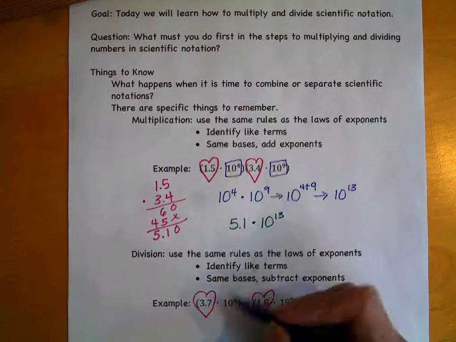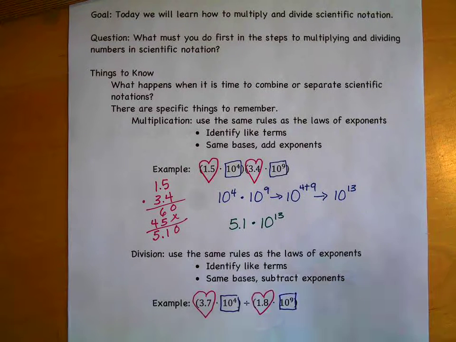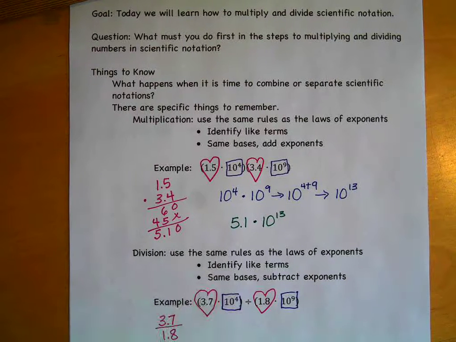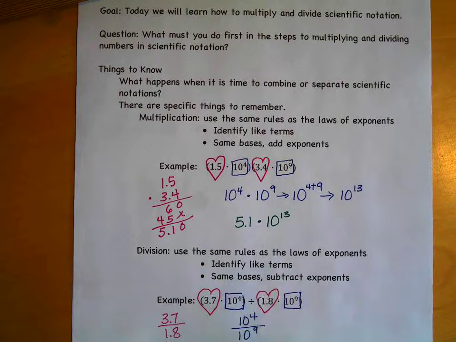And our powers that are like terms are 10 to the fourth power and 10 to the ninth power. Because we're dividing, we divide the decimals by each other, so we have 3 and 7/10 divided by 1 and 8/10. And then over here, we take 10 to the fourth power divided by 10 to the ninth power.